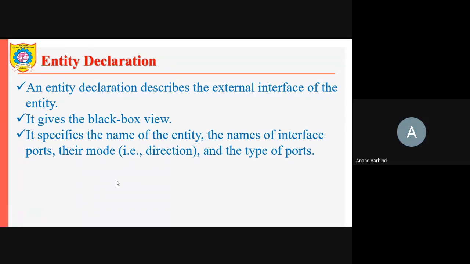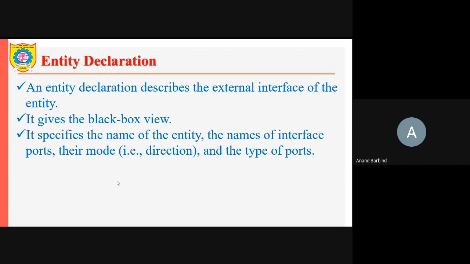An entity declaration describes the external interface of the entity. So what are the external interfaces that are declared in the entity declaration? It gives the black box view of the entity. It describes the circuit as a black box.